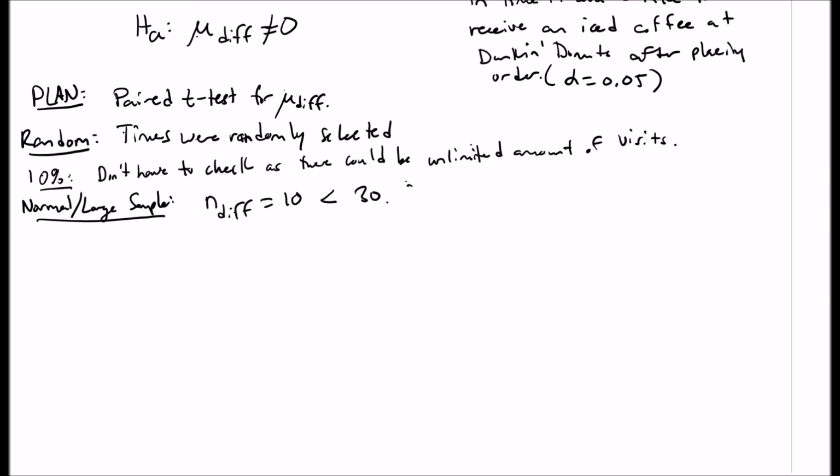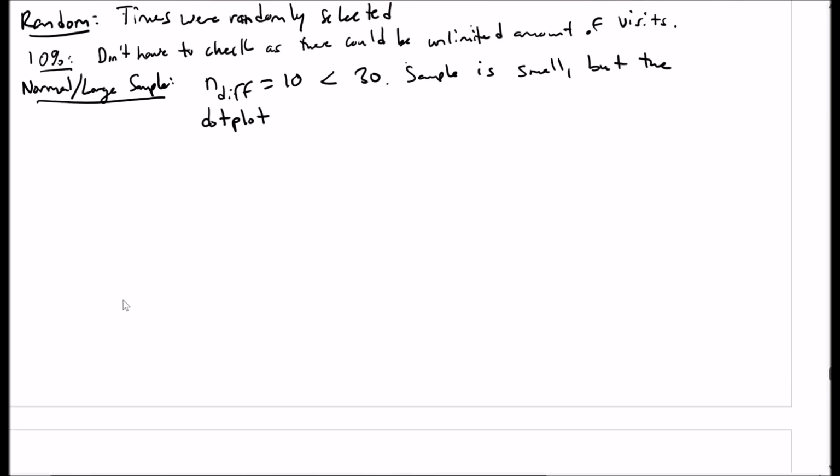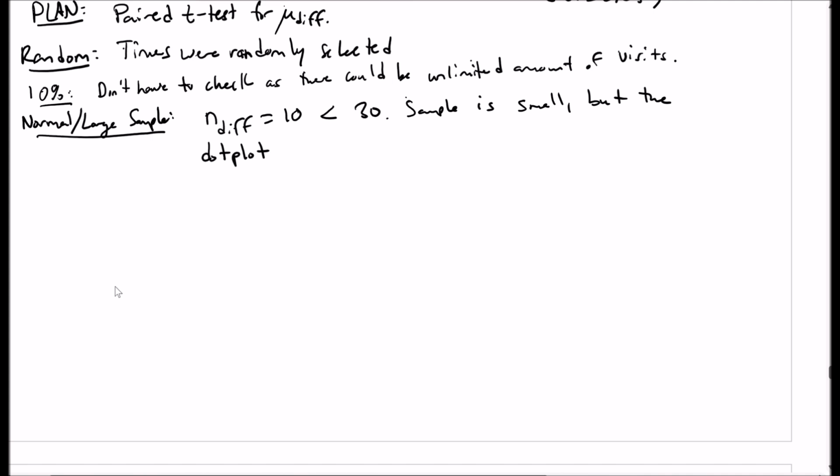So the sample is small, but the dot plot, we're going to do a dot plot. And we're assuming that the dot plot's going to work out here, right? So first we need to calculate the differences and then do the dot plot. But I'm going to just do the structure of the dot plot.